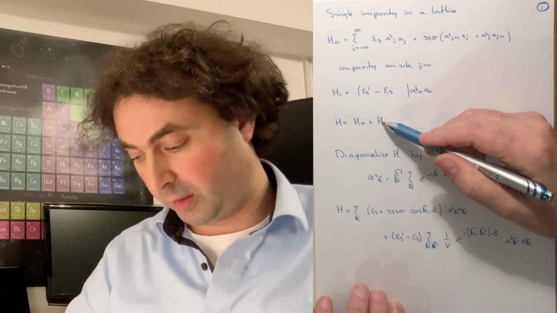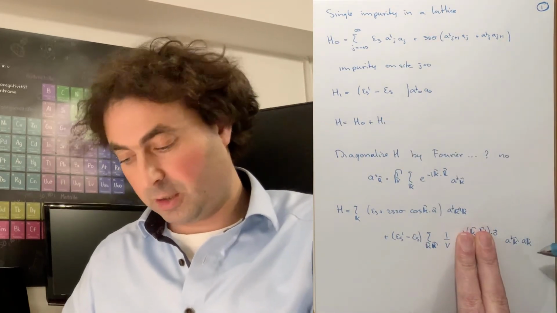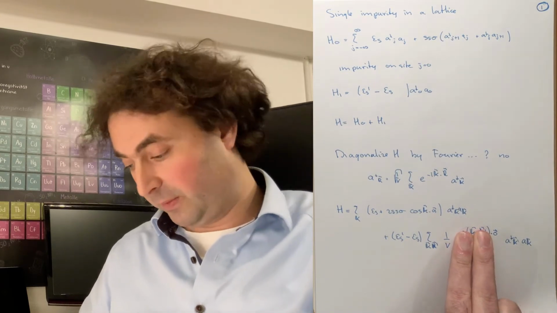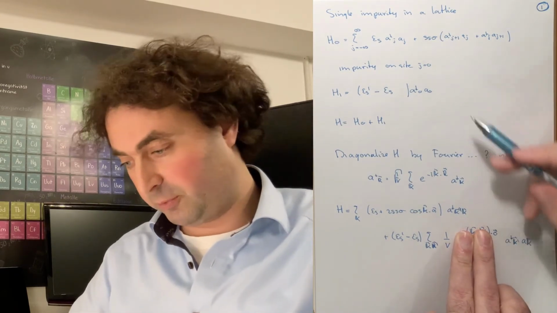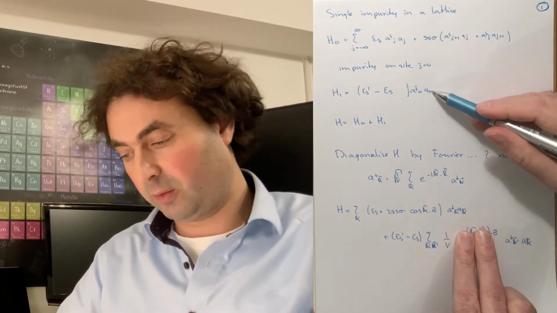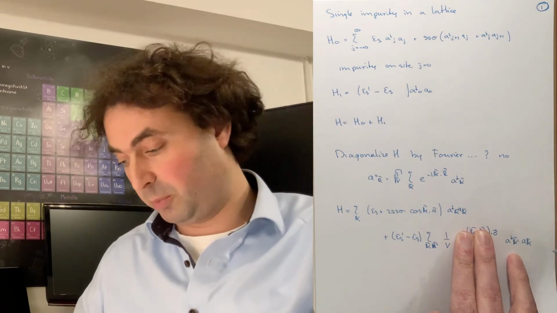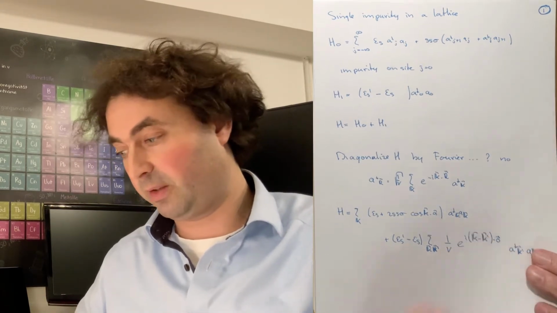So our local impurity after the Fourier transform couples all states in k-space with equal strength. The Fourier transform of a delta function is a constant, which is exactly what we find here, although we work not in an infinite translational symmetry, but a discrete translational invariant system.